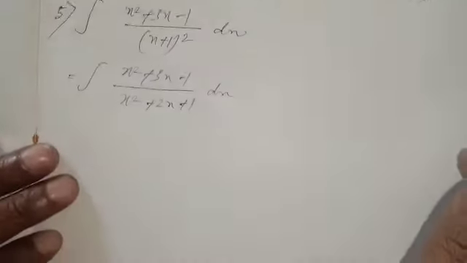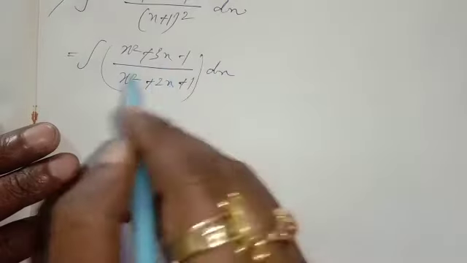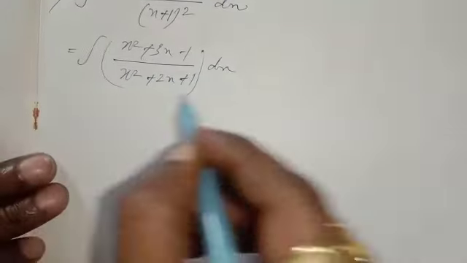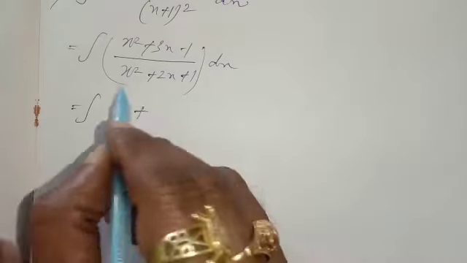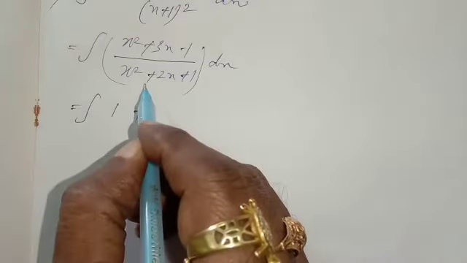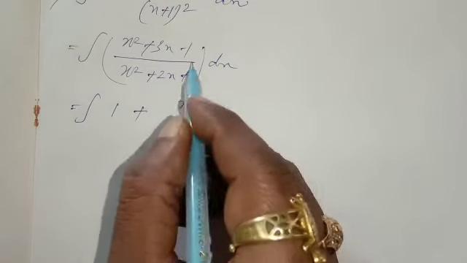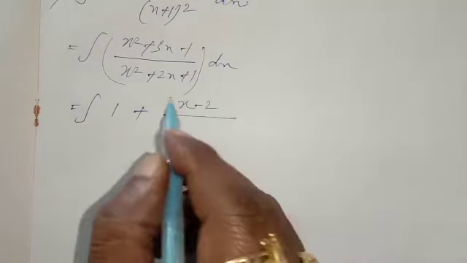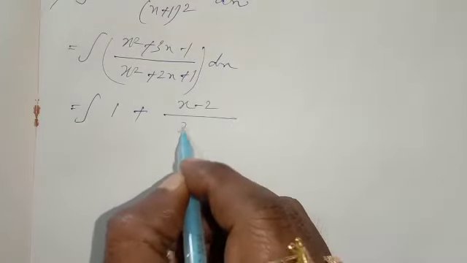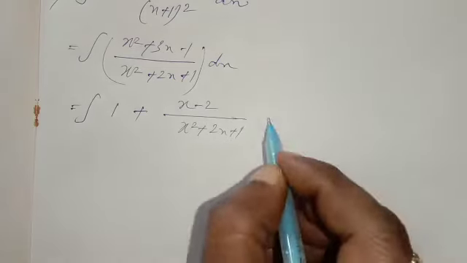Whenever the power of x is equal in both numerator and denominator, then you have to divide. If you divide, the quotient will be 1, no doubt. The remainder will be 3x minus 2x, that is x, and minus 2. Remainder by divisor, that is x square plus 2x plus 1, dx.